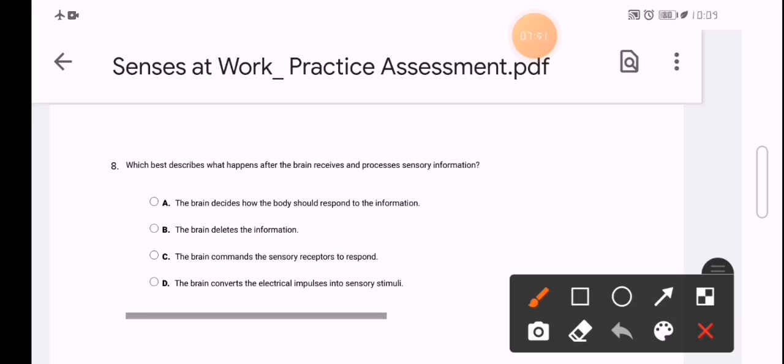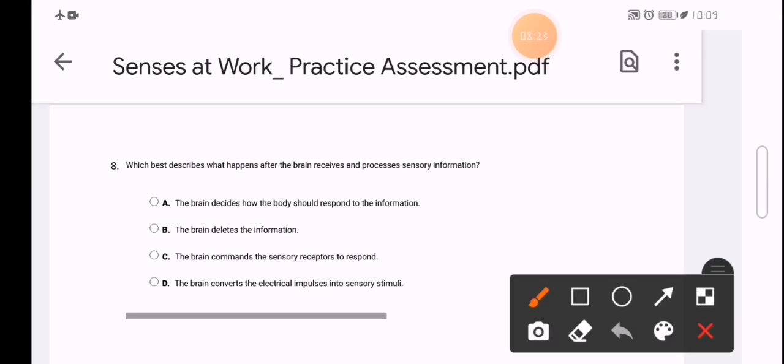For example, if a car is coming at a very fast speed, your eyes send these messages to the brain. But who will respond? Your legs. So the brain will send the message to your legs to run away from the road.